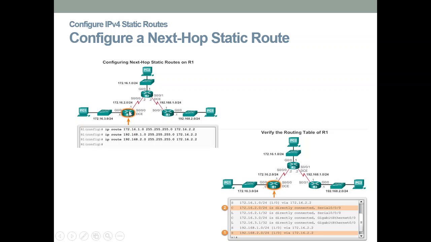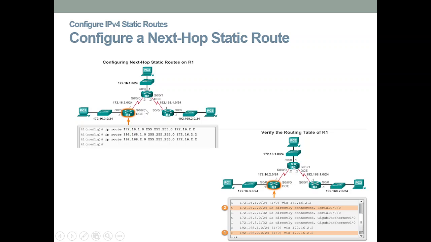When I want to send data to this side, this is how data is going to flow. The first IP address of the router it comes across will be the gateway. So this IP address is 172.16.2.2. This is the gateway address to this network.